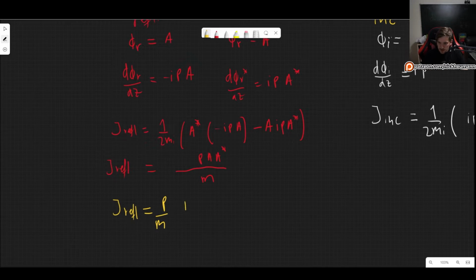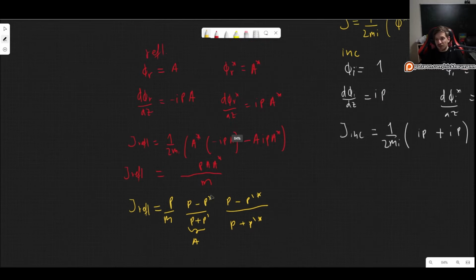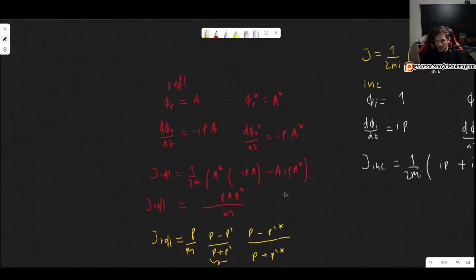So p minus p prime over p plus p prime is simply a. And then a conjugate is p minus p prime conjugate over p plus p prime conjugate. P prime could be complex, so we have to consider that possibility. Okay, so that is the reflected probability current.